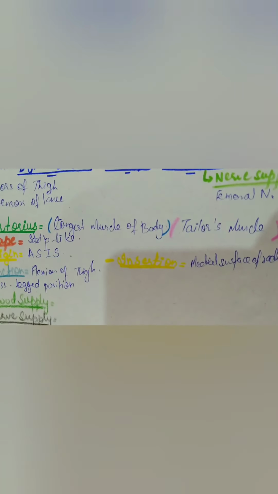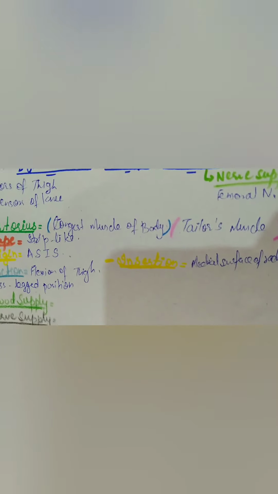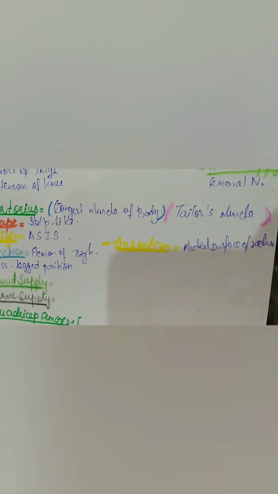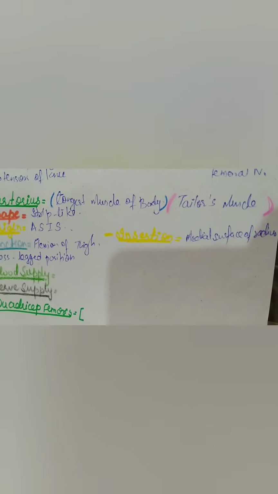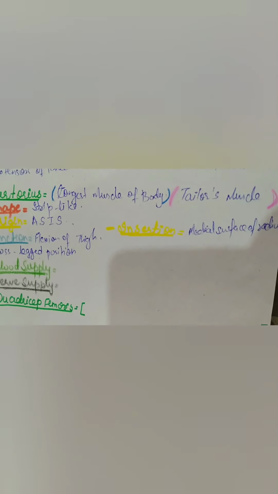The next is the nerve and blood supply. Like all the other anterior thigh muscles, its blood supply is by the femoral artery and its nerve supply is by the femoral nerve. So here I am writing its blood supply is by the femoral artery and this is by femoral nerve.